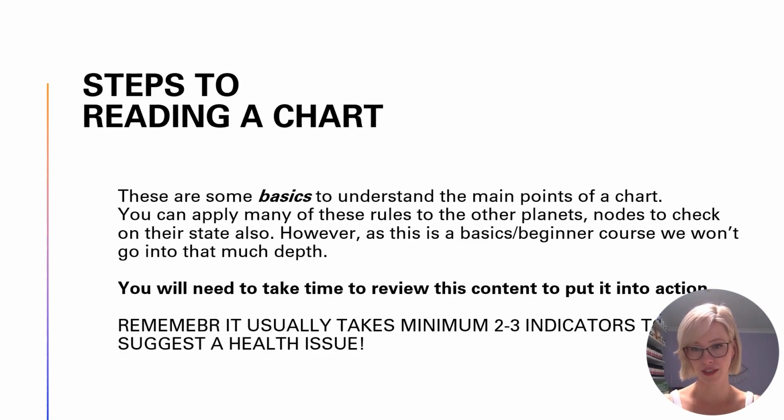Not necessarily. If your Mars, however, has 4 red lines coming off of it, so it has 4 challenging aspects, yeah, you're going to have to look at Mars. That is going to be a constitutional challenging sore point. So just keep in mind that you need a few indicators to suggest a health issue.